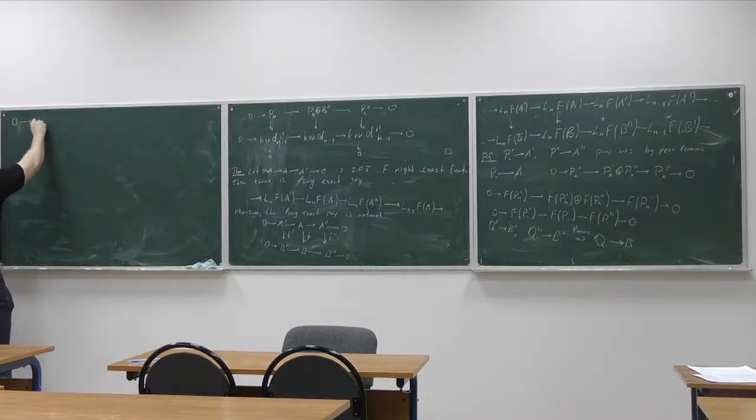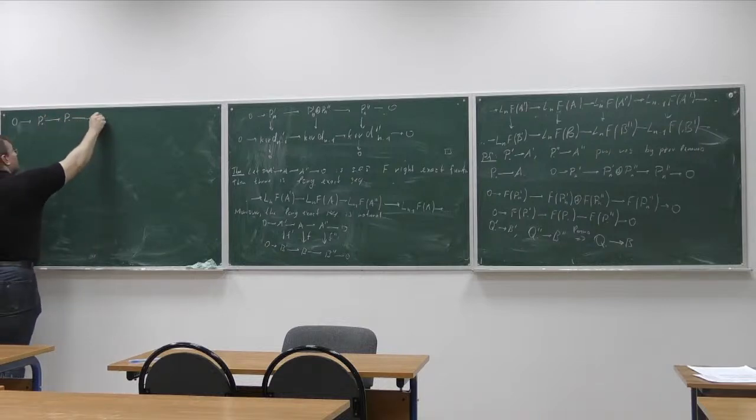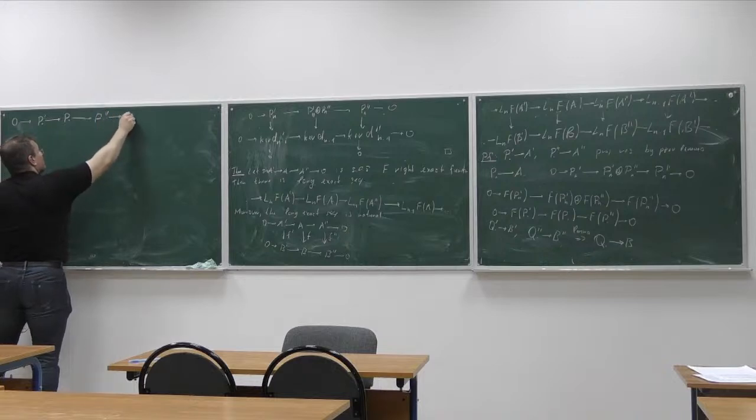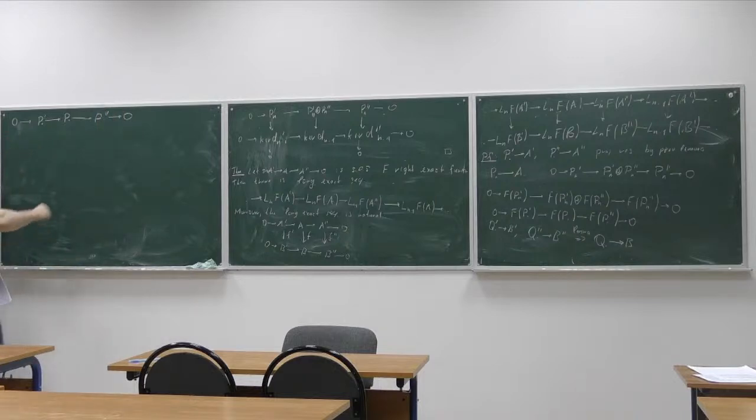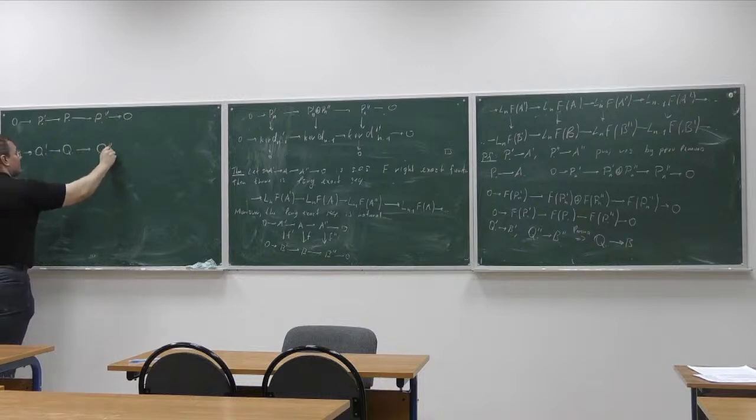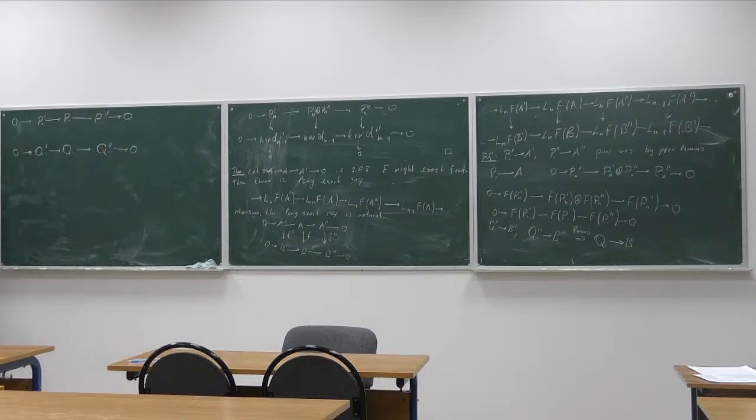So then I'll get the following situation. I have a short exact sequence of complexes which are projective resolutions of the first short exact sequence, then a short exact sequence of complexes which are resolutions for the second short exact sequence.